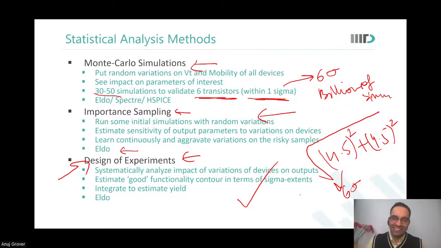Also, to be able to do that, you should have models which allow you to do that. The model should be defined in such a way that you are able to do that from outside, not going inside. That means the foundry should give us a feature. Till the time foundries did not give us the feature, we used to do the same thing by artificially increasing the length and width and so on. Not a good thing to do, but that was how we used to do it earlier.